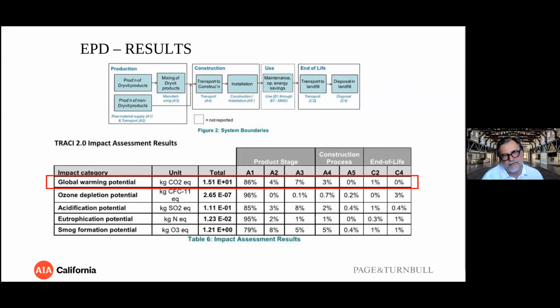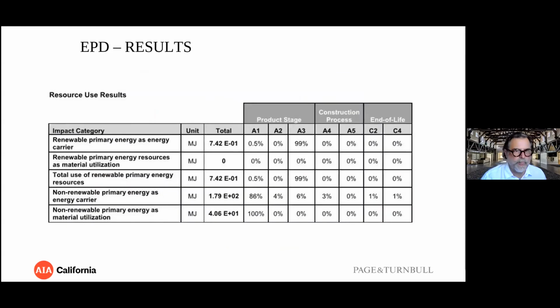So this is the information that fuels all the various online modeling and pieces and parts if we're really looking to craft robust models for looking at embodied CO2 in our projects. They also look at energy that goes into the production, both from renewable sources and non-renewable sources. So I find that information interesting as well.